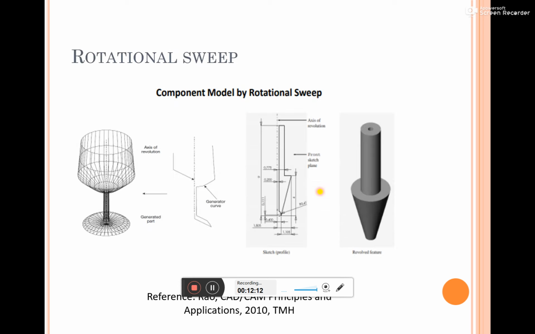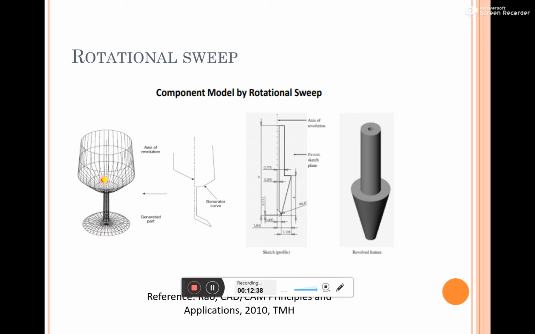The final important feature to develop a 3D model is the rotational sweep. Whenever you want to do some 3D modeling of a symmetrical object, you can use this rotational sweep. For example, this is the final model developed by using the rotational sweep.